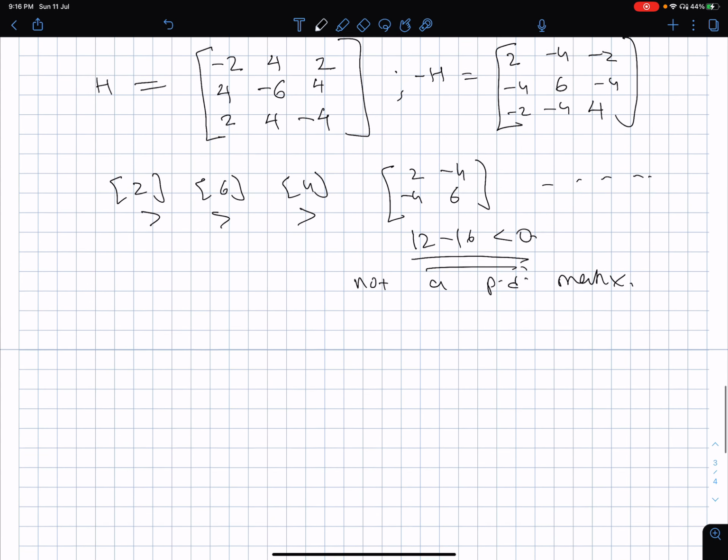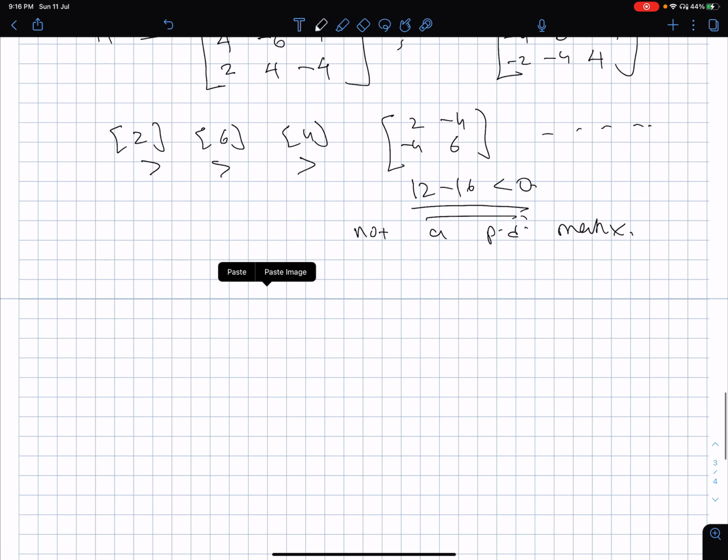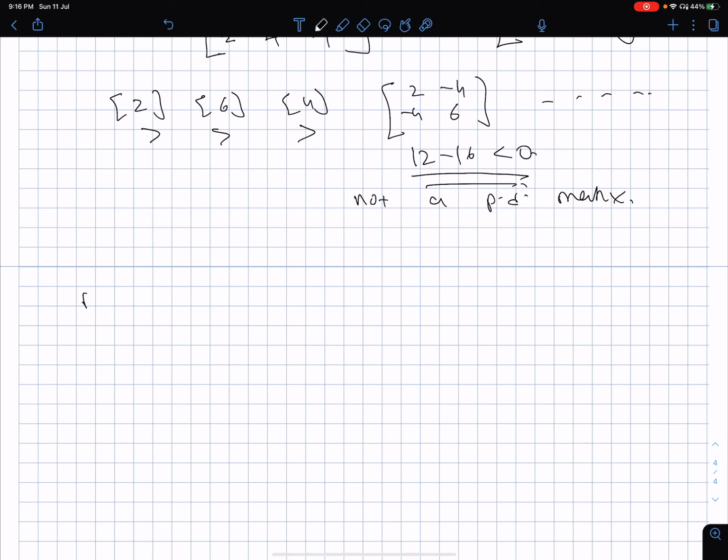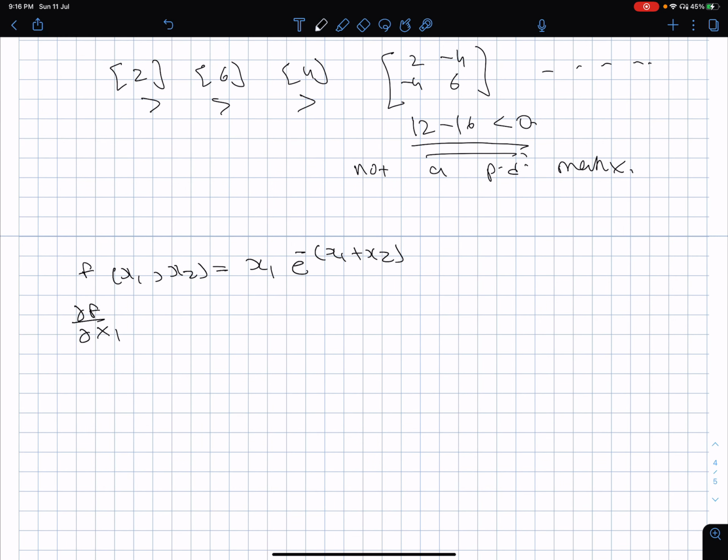Now let us take one last example of f x1 comma x2 is equal to x1 e to the minus of x1 plus x2. So this is not a quadratic function, okay. We have to now calculate the Hessian, which is going to be a 2 by 2 matrix. So first calculate del f with respect to del x1.